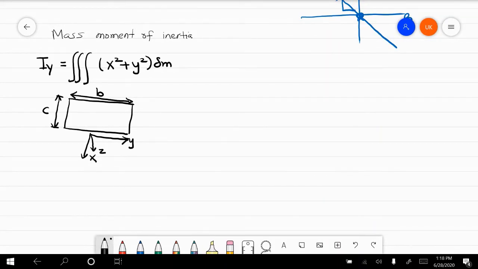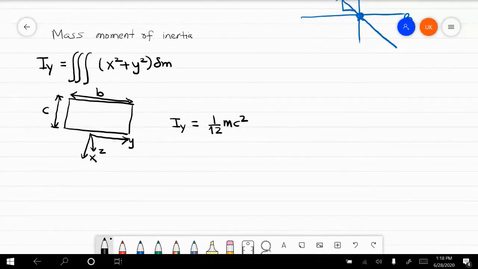So for this sort of geometry, the mass moment of inertia is given by 1 over 12 times the mass times c square. So first we have to calculate this quantity.